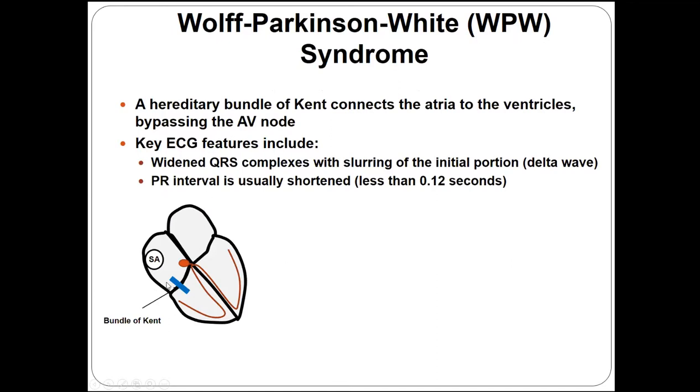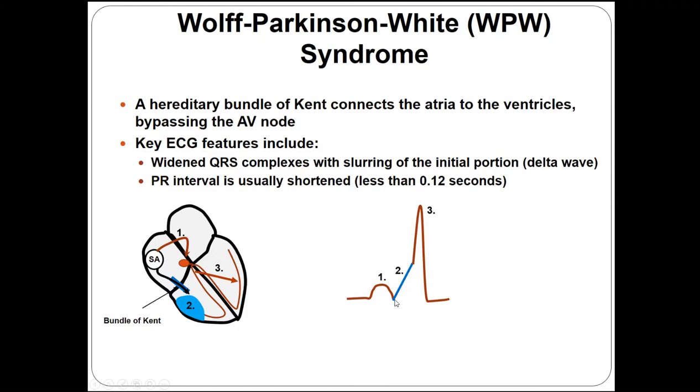Okay. The most common one is the WPW syndrome. Usually we have a bundle of Kent connecting the atrial muscle to the ventricular muscle. What is the problem? When we have the charge in the atrium, it activates the atrium, fine. Reaching the AV node, okay. Reaching the bundle of Kent, fine. When it finishes the atrial activation, the bundle activation starts right away.